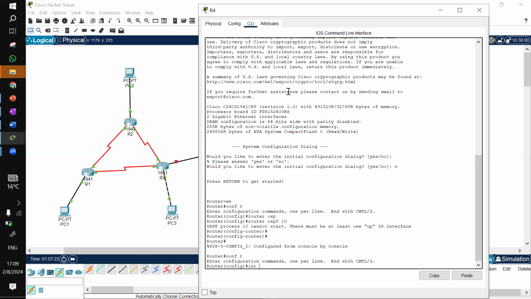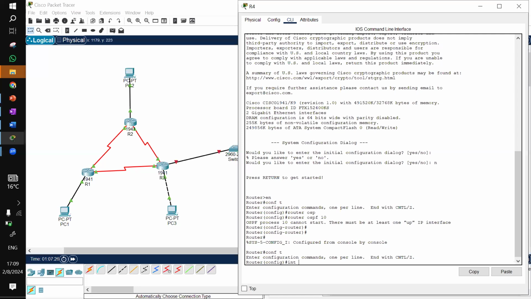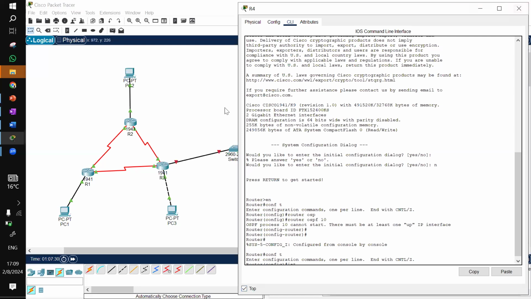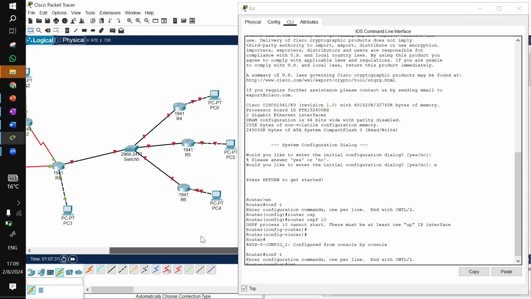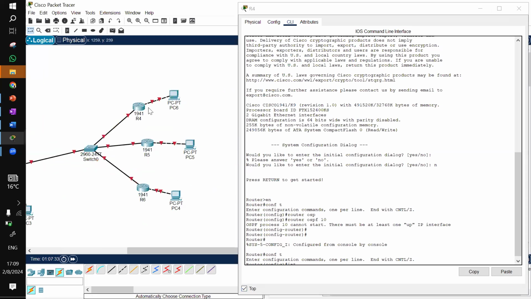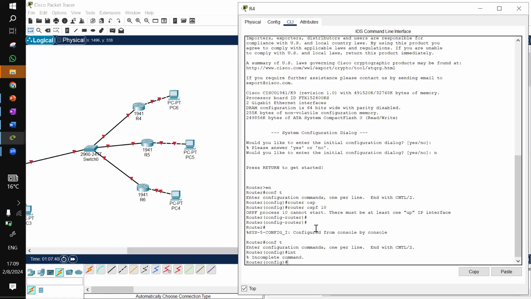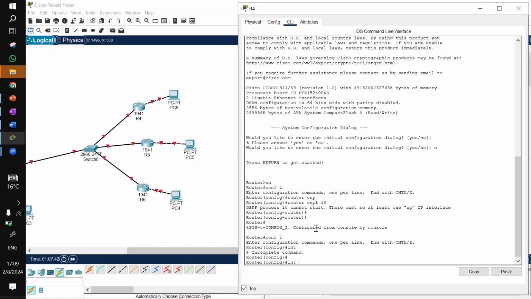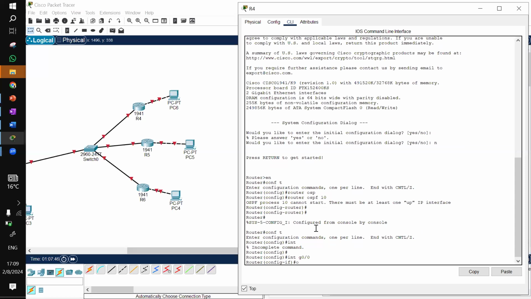Config terminal, interface. What are our interfaces here? Let's keep this one on top first. All right, my interface, I'm going to open up. Then it's 0/0 and it should be 0/1. Interface gig 0/0.